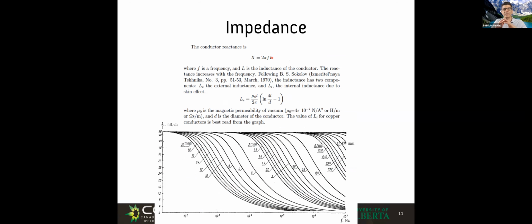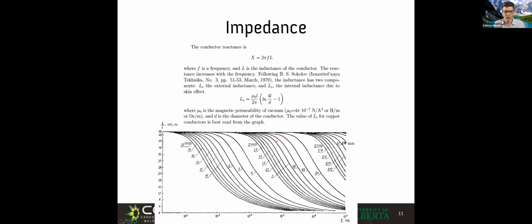One is due to the magnetic fields outside the cable. The cable generates magnetic fields and interacts with those magnetic fields, which would generate forces we don't care about, but it generates this reactance that opposes changing, opposes pulsing. So that's one component. And the other component is internal, related to skin effect.